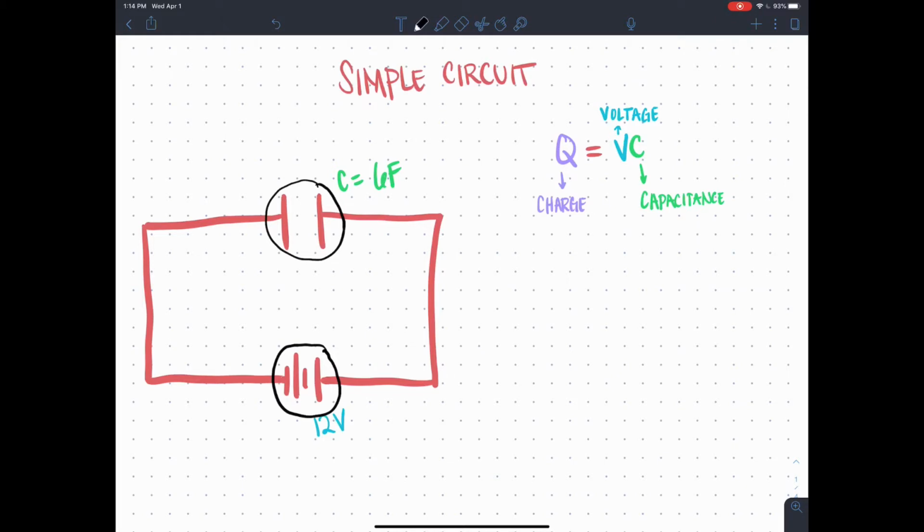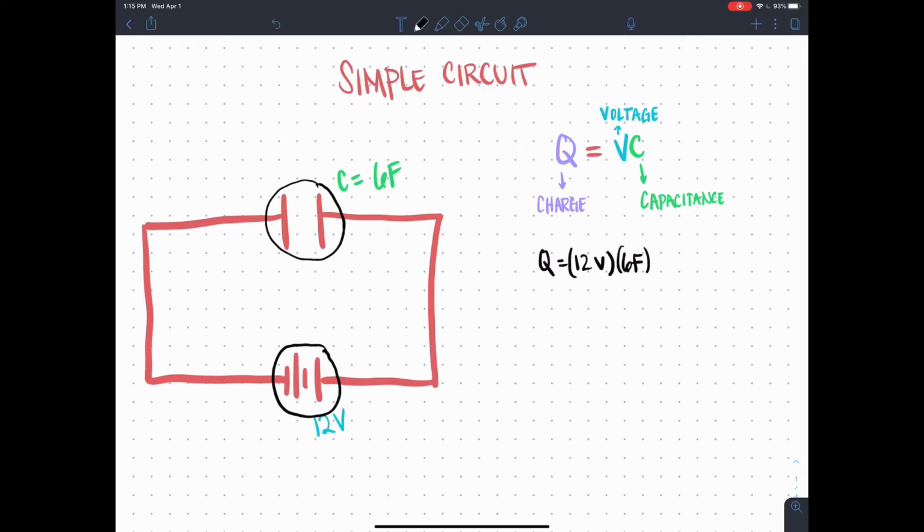If we want to figure out the charge that's being put into this particular capacitor, we can use this equation, which is Q equals V times C. Q is the charge, V is voltage, and C is capacitance. For this simple circuit, Q is equal to V, the voltage, which is 12 volts, times C, the capacitance of 6 farads.